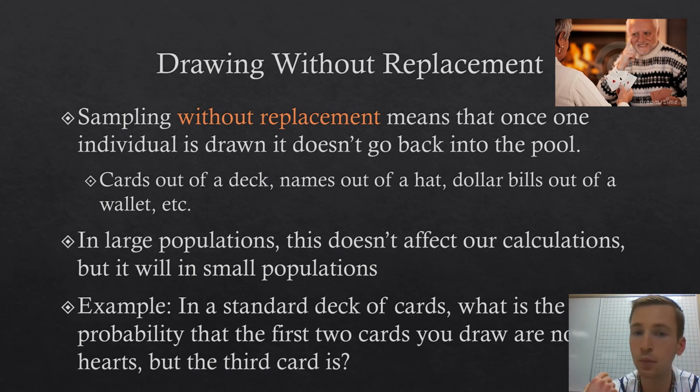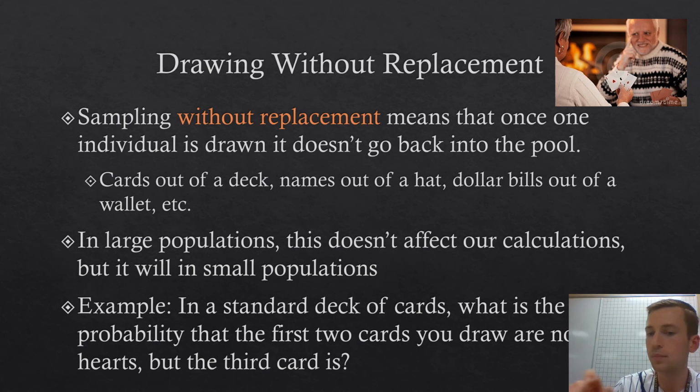We could do the same thing with drawing names out of a hat or taking dollar bills out of a wallet, anything like that. That's an example of drawing without replacement. So if you think about a really large population, take the biggest population we know of, everyone on Earth, around 8 billion people.